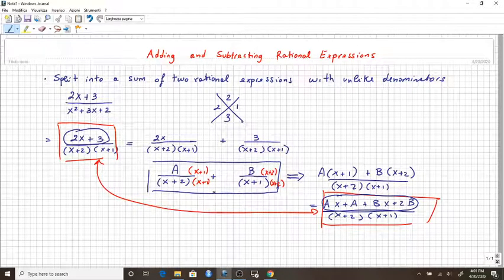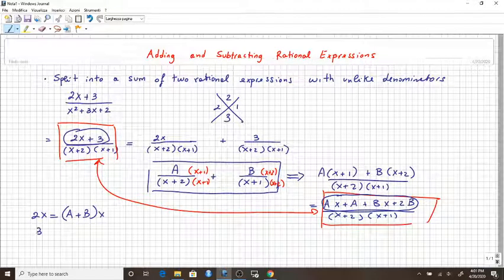And we are done. So by comparison, 2x must be equal to the term in x I have here. The term in x is ax plus bx, which means a plus b times x is the same thing. I can say ax plus bx, or I can say a plus b times x. And then this 3 must be a plus 2b, right?